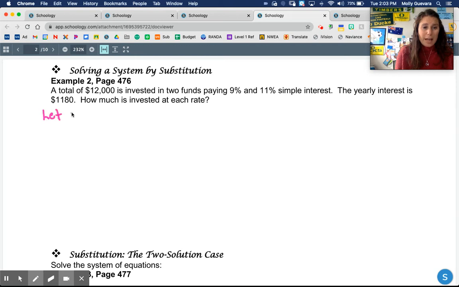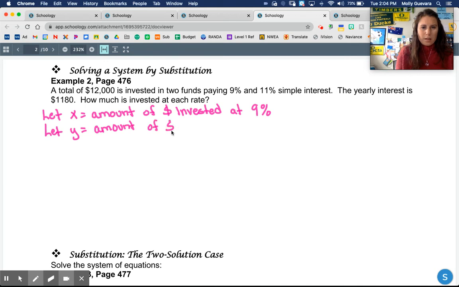So we can let x be the amount of money invested at 9%, which means then we can let y equal the amount of money invested at 11%, right?